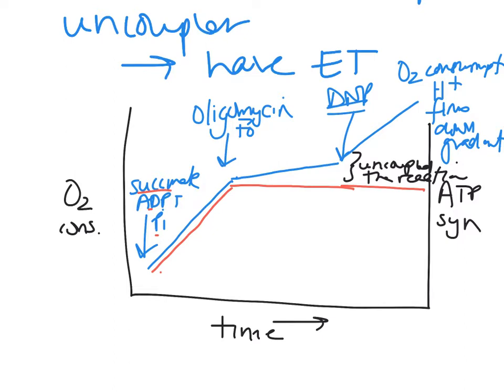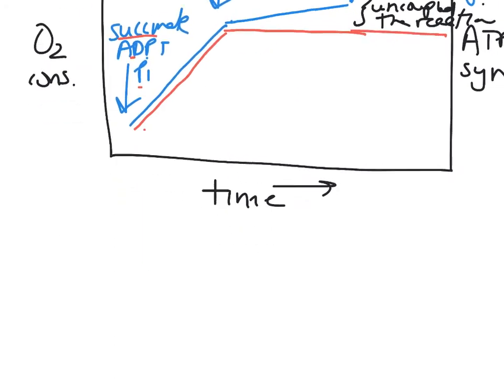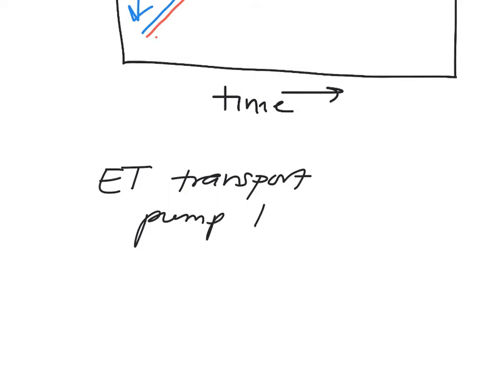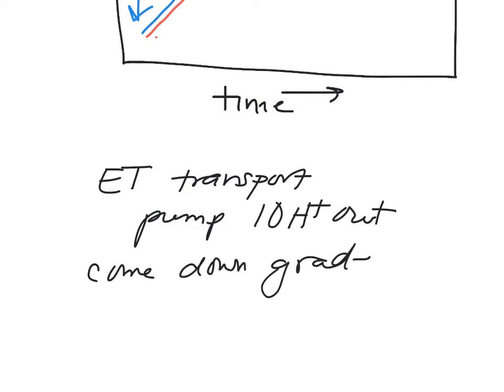Just to drive home this point a little bit more. When we have electron transport, you pump 10 hydrogens out, and then they come down the gradient through complex 5, or ATP synthase.